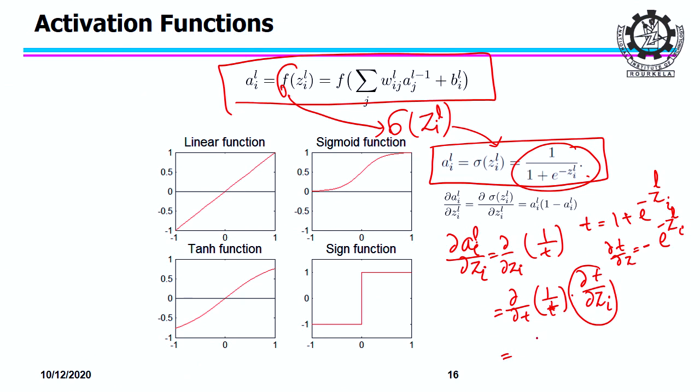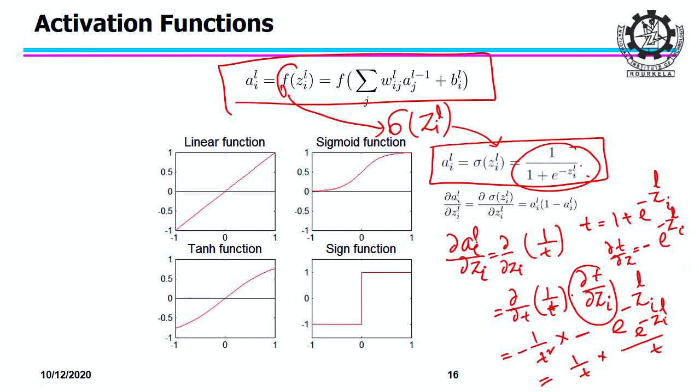We know that will be minus 1 by x square. So, 1 by t square, and then you multiply with this value, which is also minus e to the power minus z I L. The minus minus gives plus, so we can write 1 by t square into e to the power minus z I L, that we can write easily.